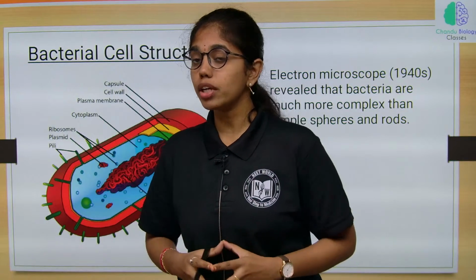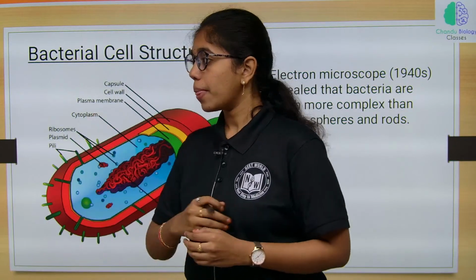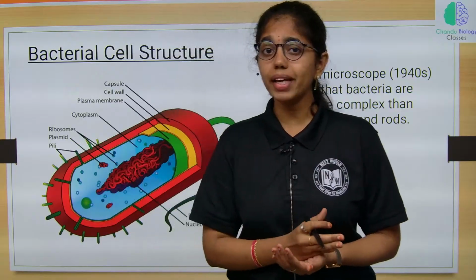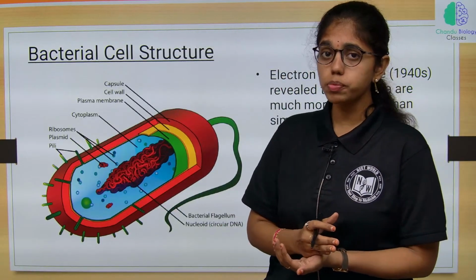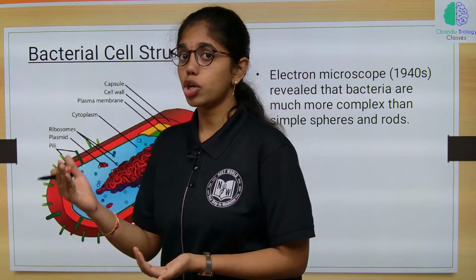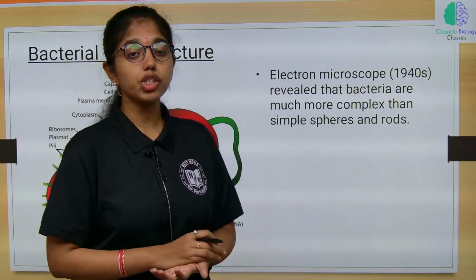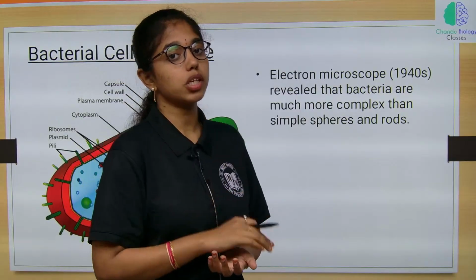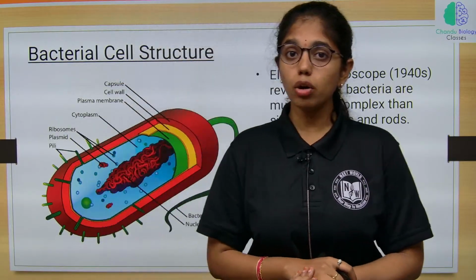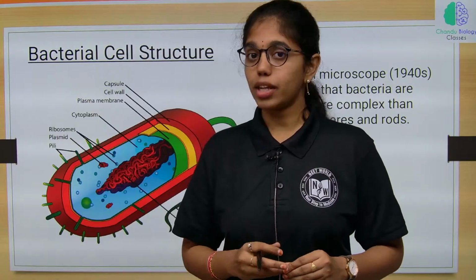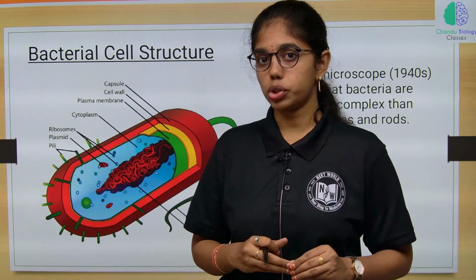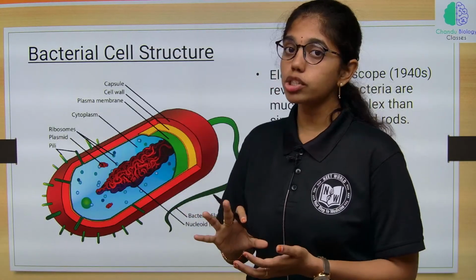In respiration, bacteria can be obligate aerobes, facultative anaerobes, obligate anaerobes or facultative aerobes. In reproduction, sexual recombination is of three types in bacteria, which includes conjugation, transduction and transformation. So we will be looking into all these concepts today.